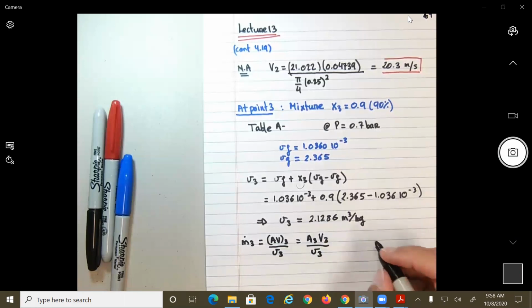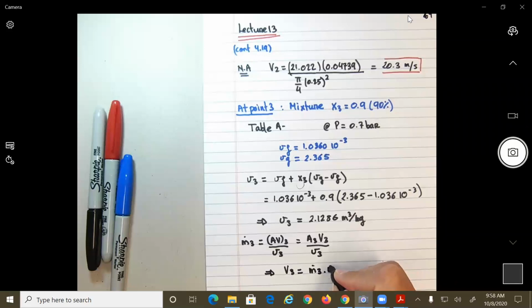So this is exactly as before, so solving for the velocity, we're going to have that V3 will be equal to what? Will be equal to the mass flow rate at 3 times the specific volume divided by the area at 3.